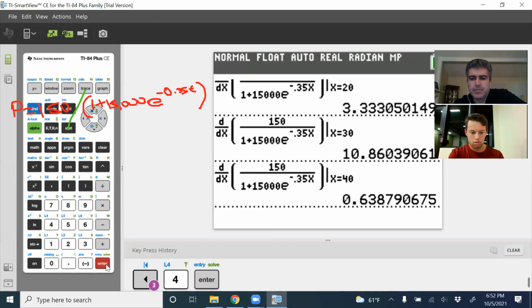Yeah, that's what we do. And so those are all the answers for parts A, B, and C. Cool. Yeah, because then you just replace the x equals part with 20, 30, 40. Yeah, that covers that.